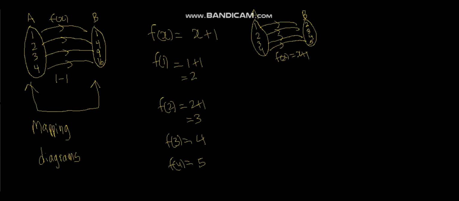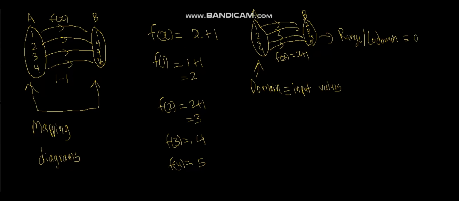Now, I used the set A as inputs and the set B as outputs, but the mathematical term for the set of input values is actually the domain, which is just equivalent to input values, and the set of output values is known as the range or the co-domain, which is just equivalent in layman's terms to output values.